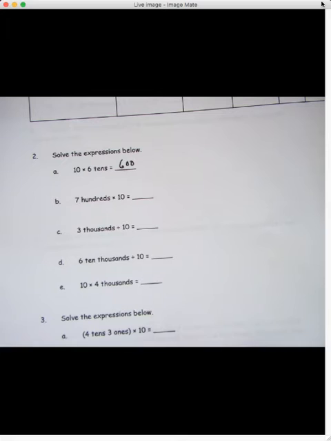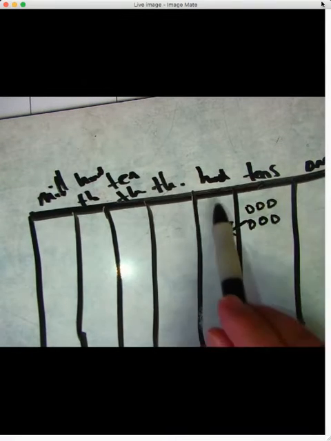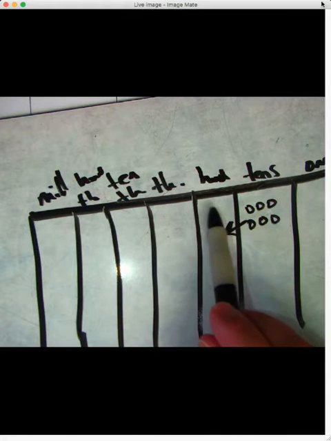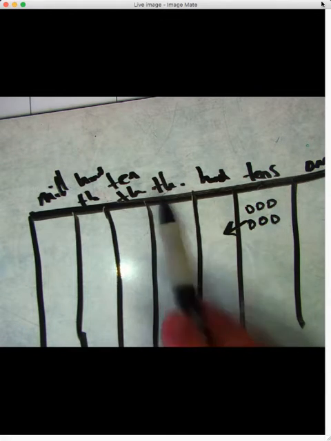What if we had 700s and we multiply it times 10? Well, looking at our place value chart, here's the hundreds place. So if we had 700 and we multiplied it times 10, what are we going to get? We'll have 7,000.